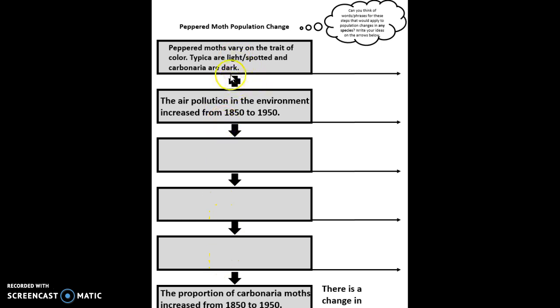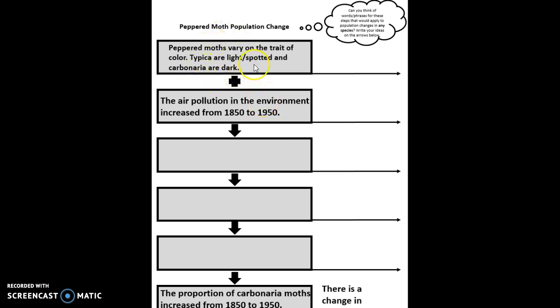The plus sign is up here to show that both of these events had to occur for the rest of these events to occur. So we really could put the environmental change at the top and the variation here. They can go in either order, but for the rest of the model, everything has to be in order. So anything that follows this needs to be an effect of the thing before it.